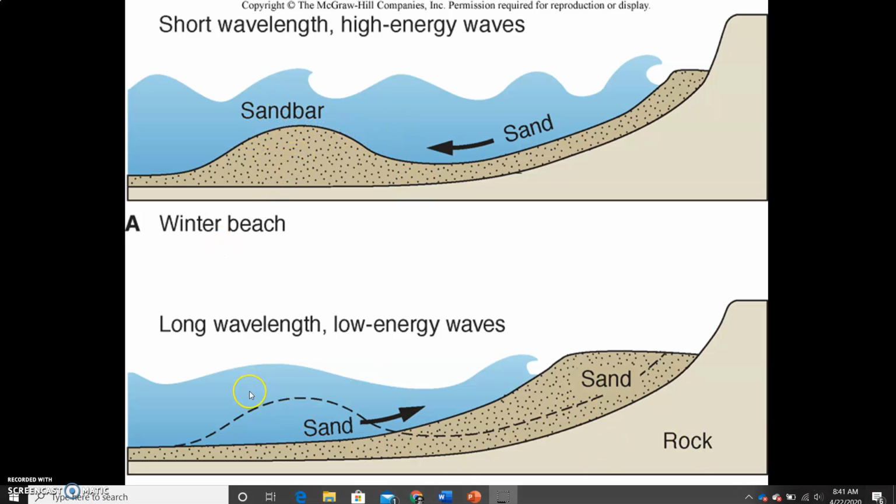In this lower image, you've got a longer wavelength wave with lower energy, and it's showing how the sandbar deposit migrates landward towards the beach, the beachfront.